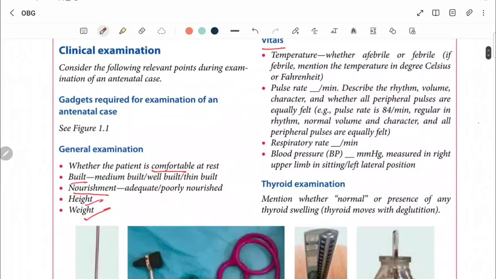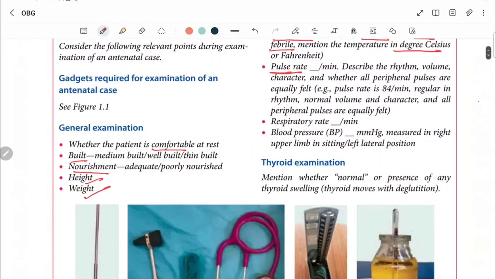Coming to the vitals. First look at the temperature, whether afebrile or febrile. If febrile, mention the temperature in degrees Celsius or Fahrenheit. Then pulse rate, and describe the rhythm, the volume, the character, and whether all the peripheral pulses are equally felt.